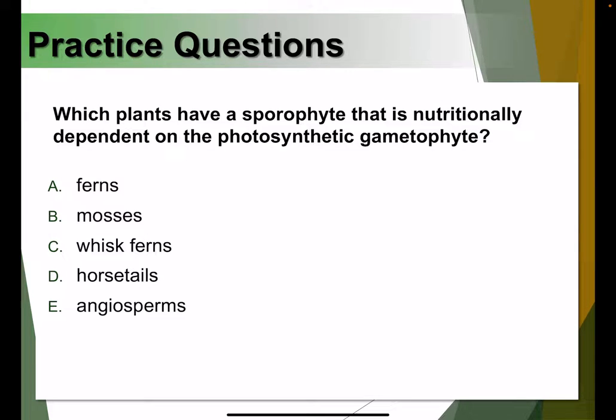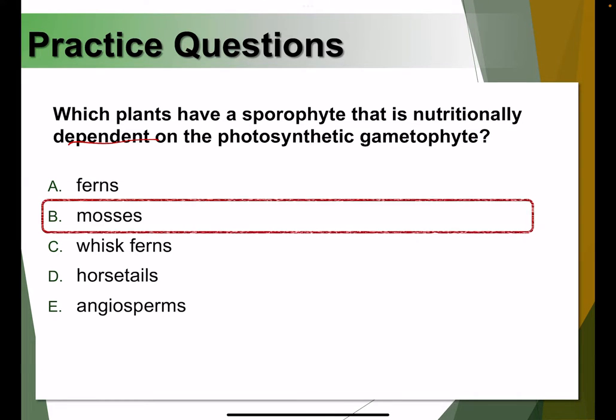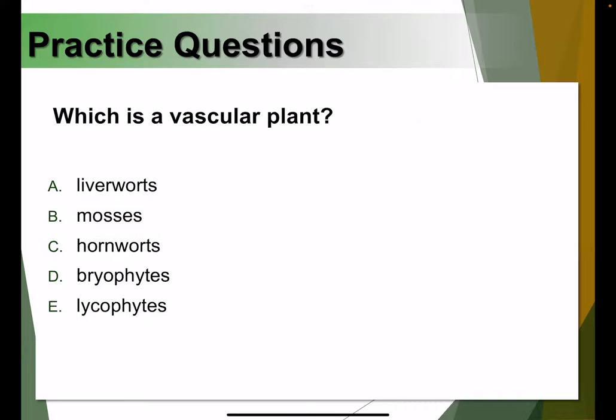Which plants have a sporophyte that is nutritionally dependent on photosynthetic gametophytes? Mosses, because that's one of the bryophytes. Bryophytes are the non-vascular plants where the sporophyte is nutritionally dependent and has to be attached to the gametophyte by a little foot, and that will help feed nutrients to the capsule.